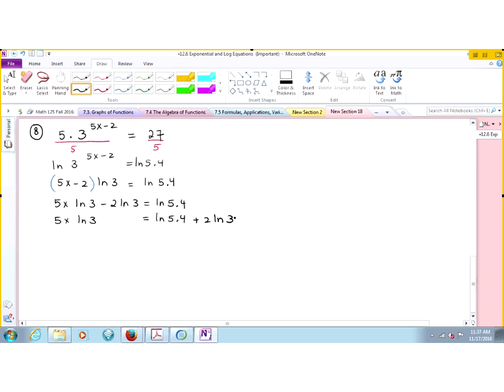Oh, yes, you can have 2 ln 3 plus ln 5.4. So Brandon's question was, can you write it as 2 ln 3 plus ln 5.4? Yes. Good. So now how do I solve for x? Divide both sides by 5 ln 3, right?